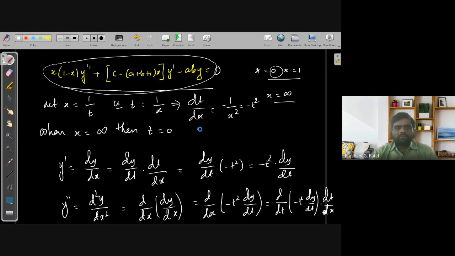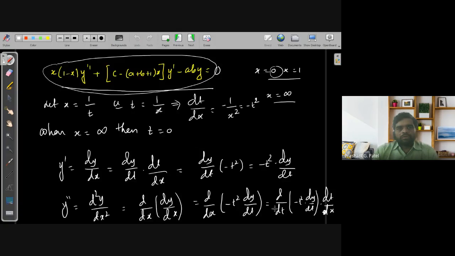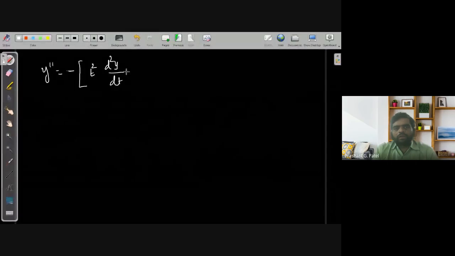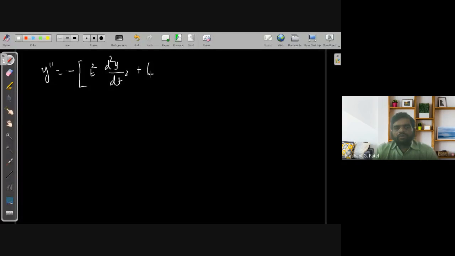So that gives y double dash equal to, taking that minus sign out, the derivative of t square into dy by dt by applying the product rule: t square as it is, and the derivative of dy by dt is d square y by dt square, plus the derivative of t square, which is 2t, and dy by dt as it is, into minus t square, because that is dt by dx.